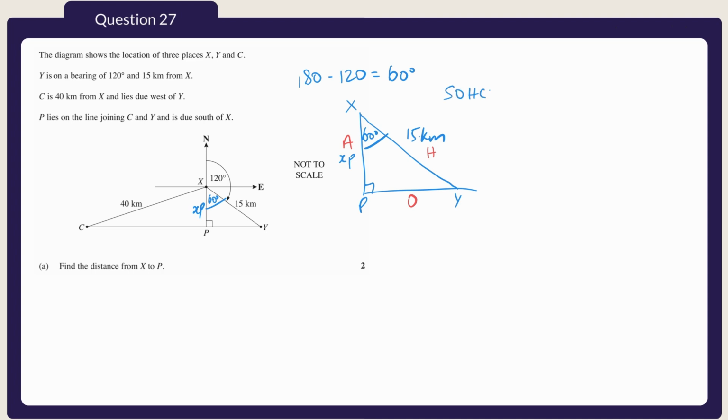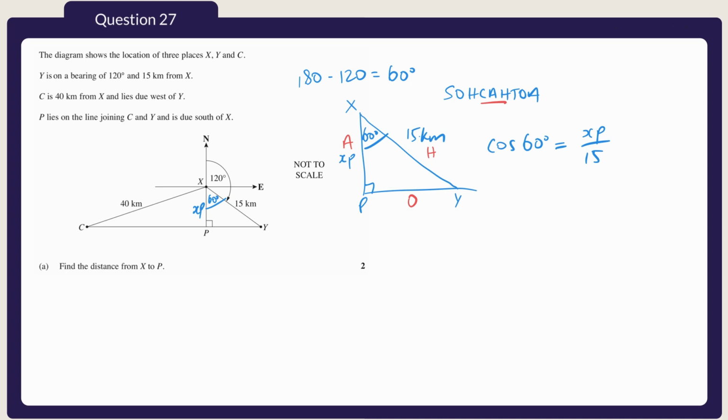So using SOHCAHTOA, I need to now identify which trigonometric ratio I'm going to use. I can see I've got the adjacent and hypotenuse, so it's going to be cos. So cos 60 degrees equals XP over 15.